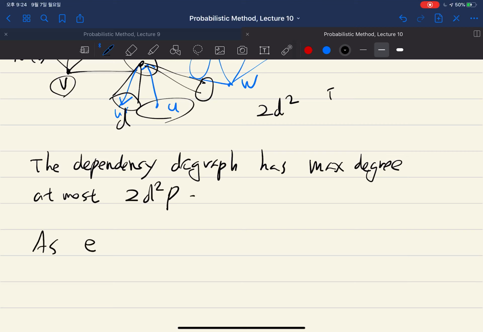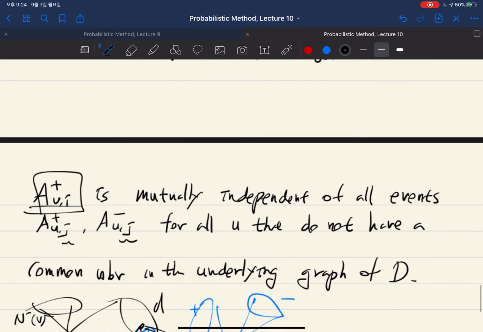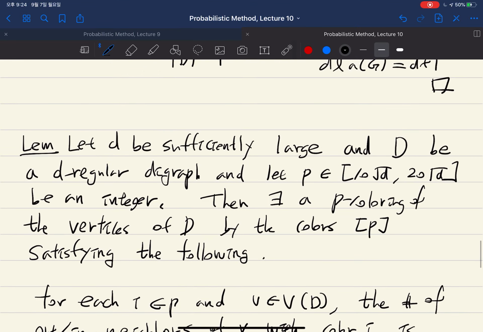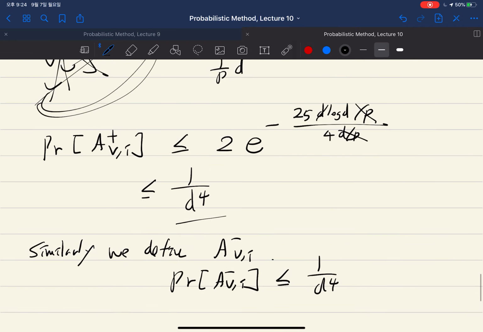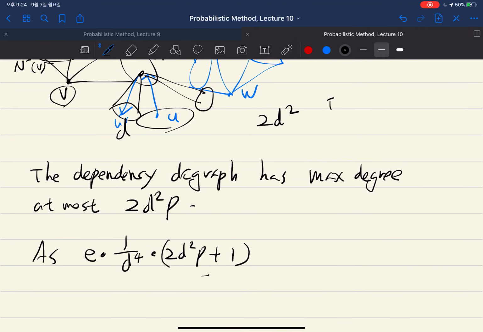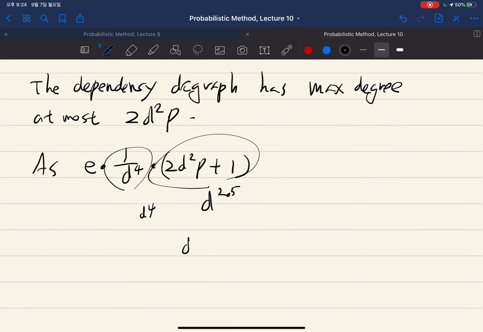And what do we know? The natural base e, times the probability of bad events, times this. So p is roughly the square root of d, and d is large. So this is roughly d to the 2.5, and this is d to the 4. So we have d to the 1.5 on the bottom and then some constant here, but d is sufficiently large.